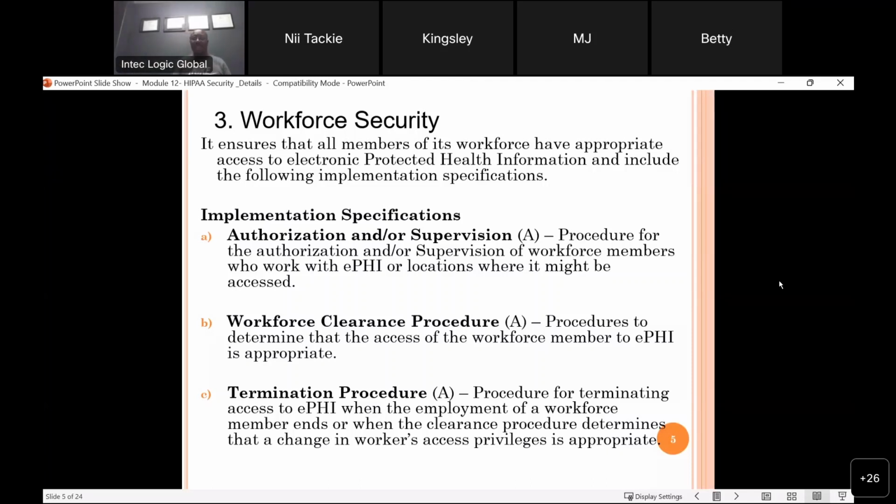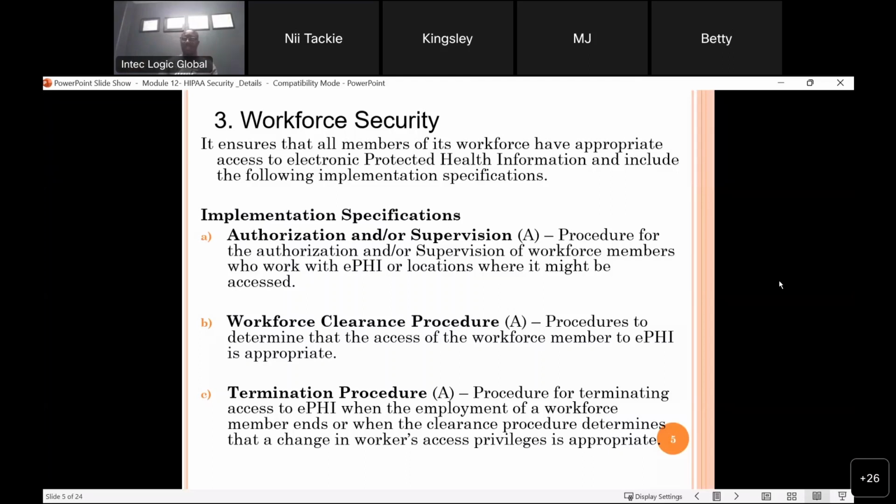Termination procedure: a procedure for terminating access to EPHI when the employment of a workforce member ends, or when the clearance procedure determines that a change in the worker's access privilege is appropriate. So there needs to be a procedure that says that if you are being terminated, we cut so and so access to a system.